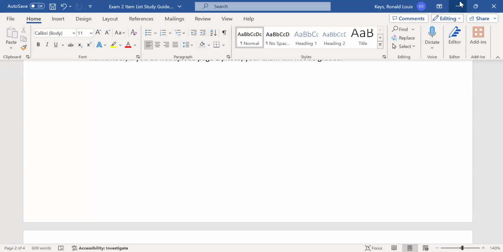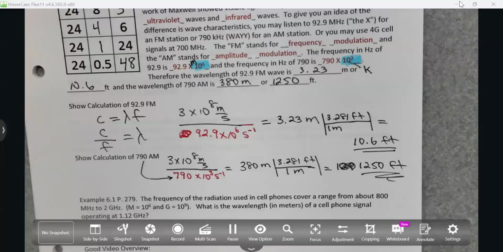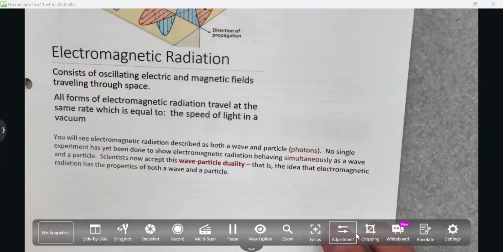Now, after your screen sharing is paused, well, apparently I screwed something up. After you ace the test on Thursday, start poking around in OWL in chapter 6.